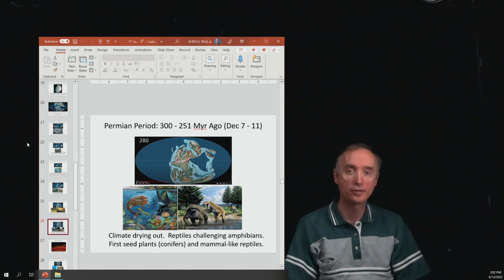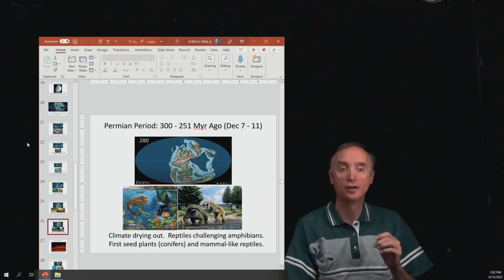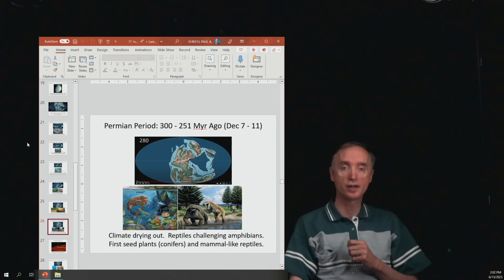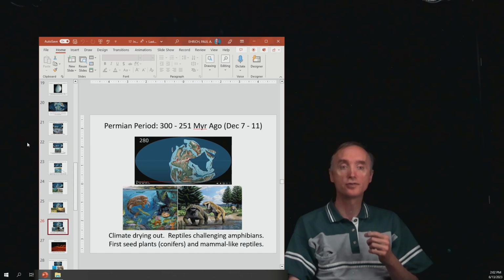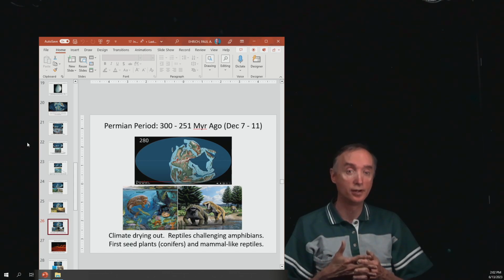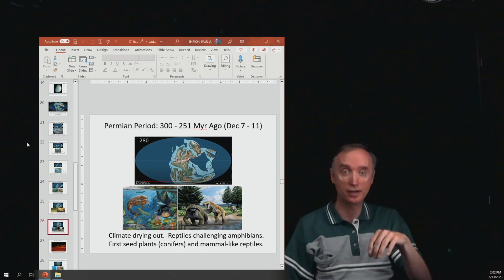Okay, let's not worry about the Permian, but notice that reptiles are starting to dominate amphibians. You should know why. First of all, what advantage does an amphibian have over a fish? The amphibian can crawl onto the land, where it's safe.